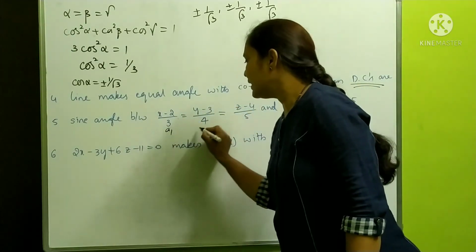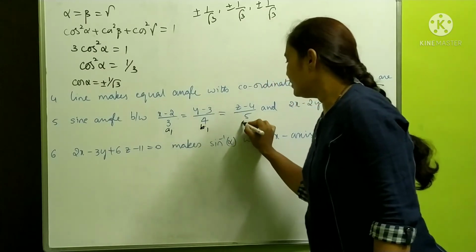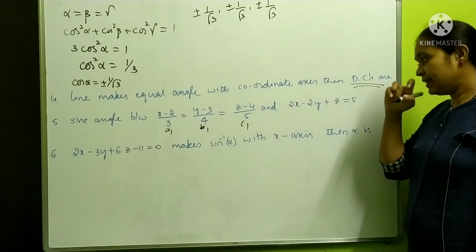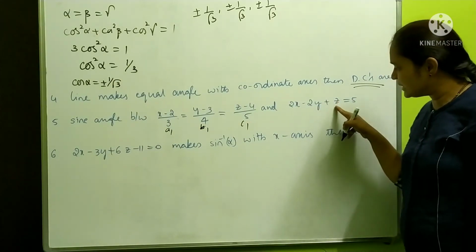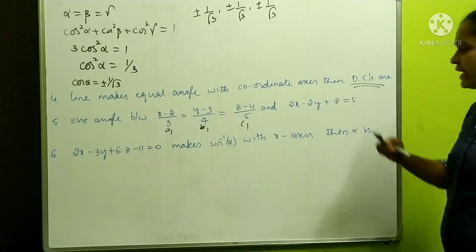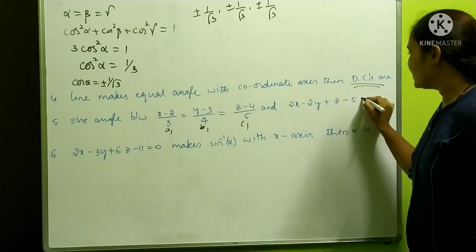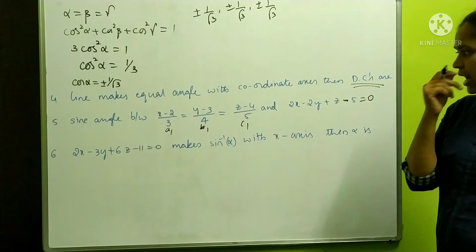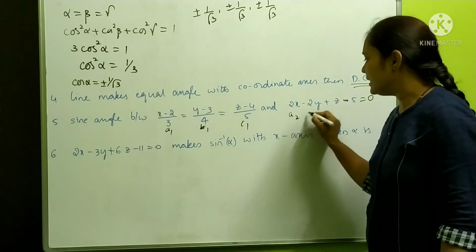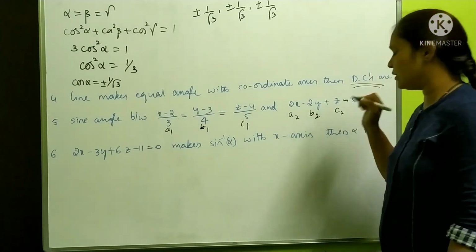Let me name it as a1, b1, c1. And the plane they have given is in the form ax plus by plus cz is equal to 5. Let me write minus 5 is equal to 0, taking 5 to this side. Now let me take it as A2, B2, C2.